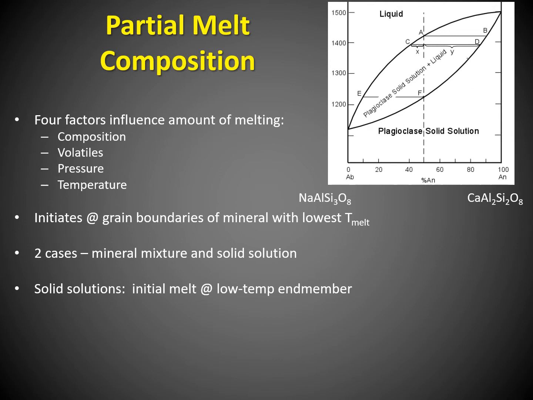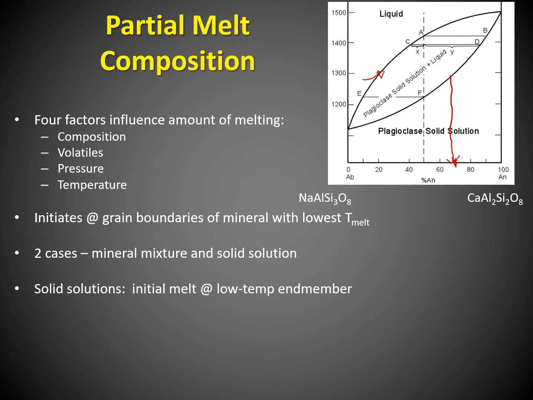Now, I could have started with, let's say right here, right? I could have started with a feldspar that's mostly calcium. And if I raise the temperature, raise the temperature, raise the temperature, what's my first liquid going to be? Mostly sodium rich, mostly albite.